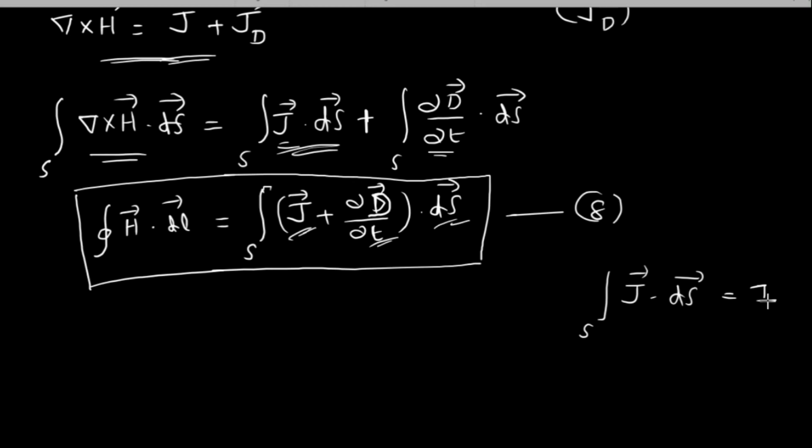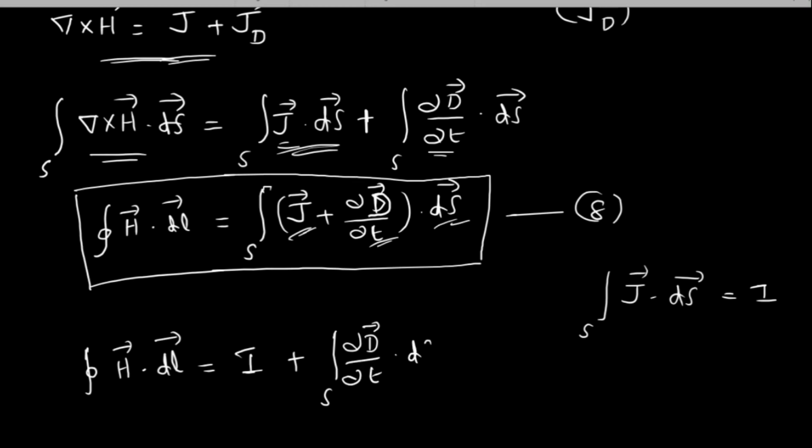So surface integral J dot ds is nothing but current, and I can write this equation like this also. Closed integral H dot dl, that is the total MMF over the closed path, is equal to the total current enclosed by the path, that is the total current flowing in that path, plus the surface integral of displacement current density over that closed path. So this is another way of looking at equation number 8.